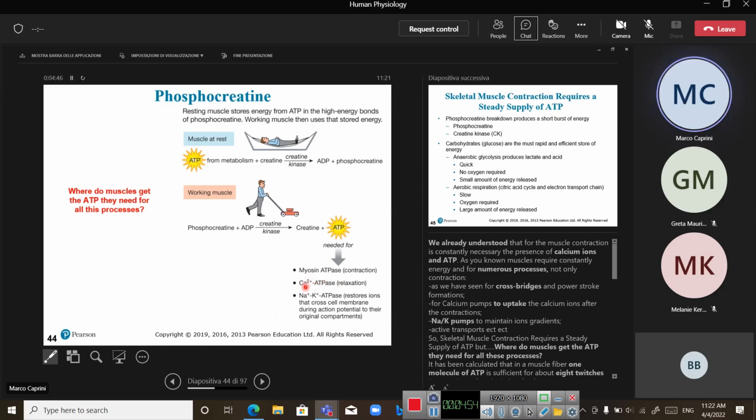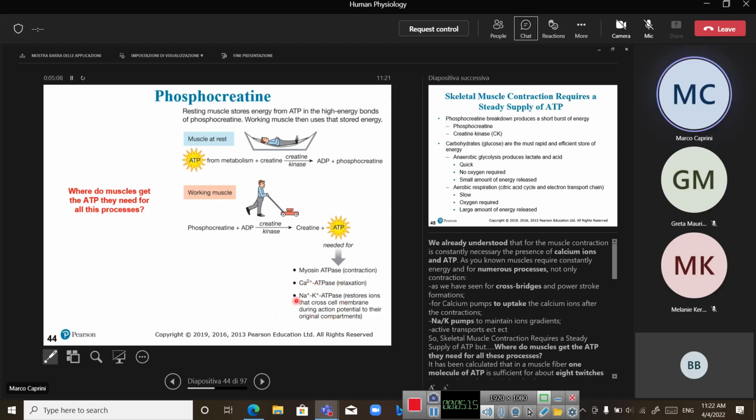And this is really important for the decrease of calcium inside of the cell and the muscle relaxation.